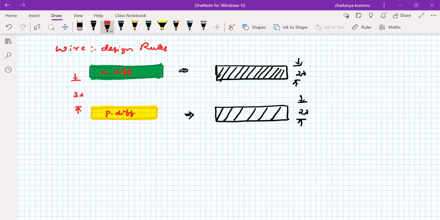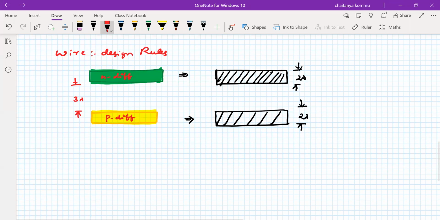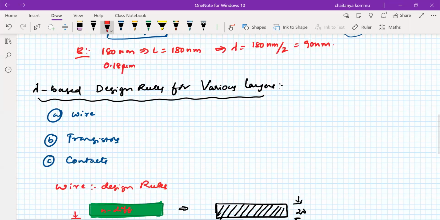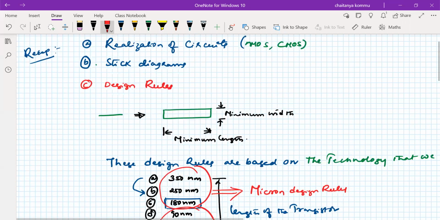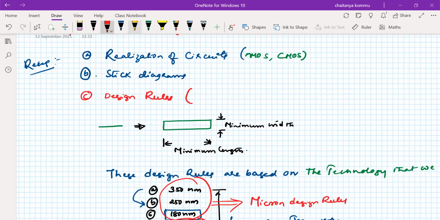How much distance should we maintain between the two materials? 3 lambda. It may be N diffusion to P diffusion, or N diffusion to N diffusion, or P diffusion to P diffusion. Is it clear to all of you? So therefore, the design rules are meant for feature sizes, that means the width and length of the transistors, and spacing.